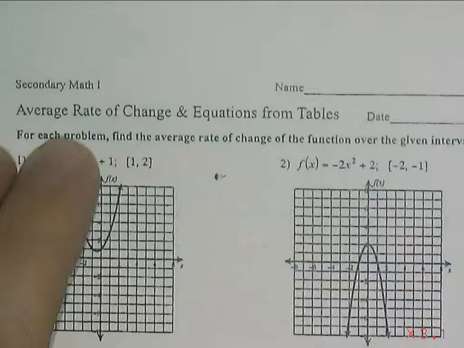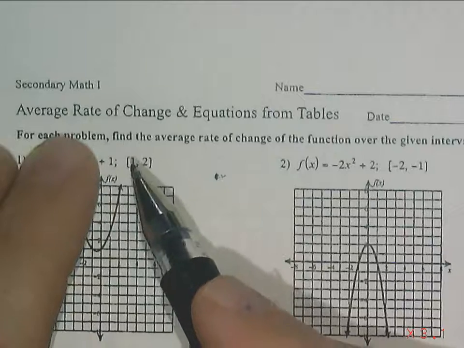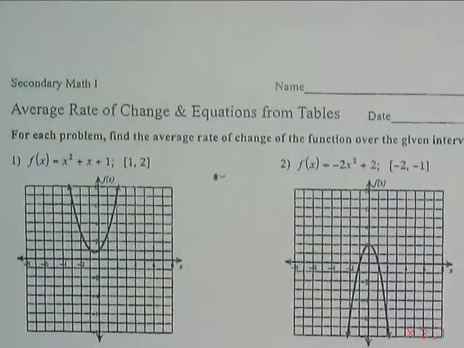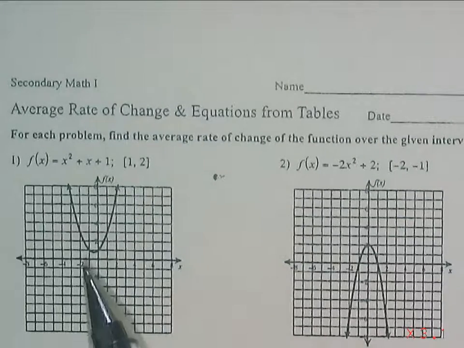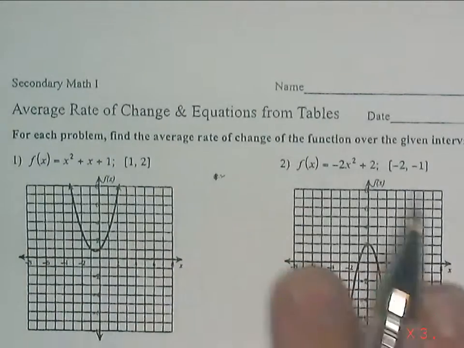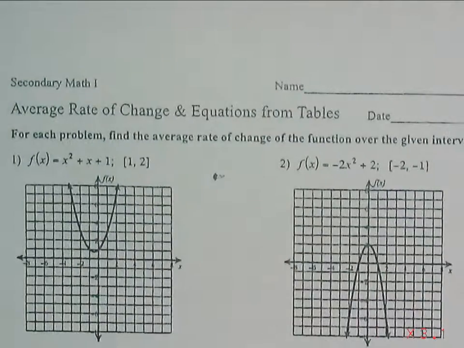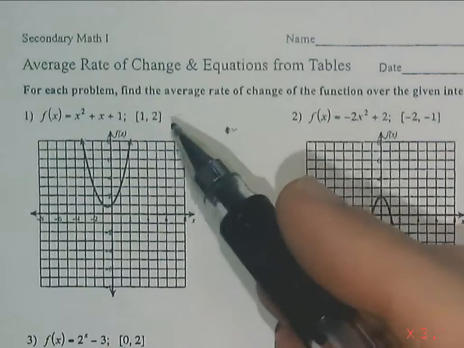If you remember from absolute values, that's the least number, that's the greatest number in the interval. When it gives us an interval, it's just talking about the x values. So it gives us an interval on the x-axis, and it wants us to figure out what happened to the slope during that interval. Let me do an example to show you what I'm talking about.